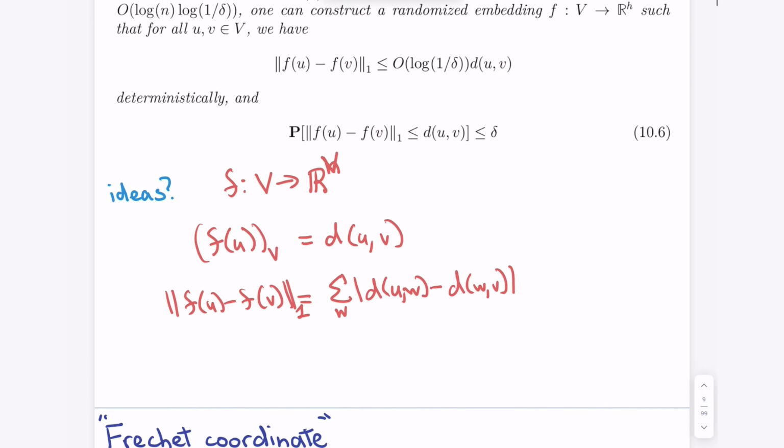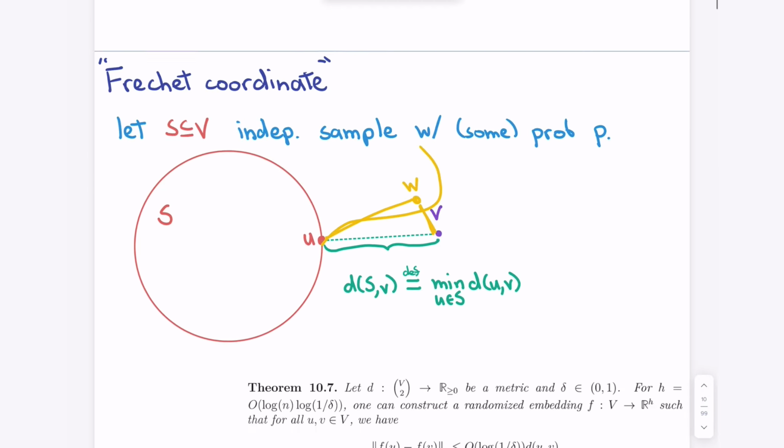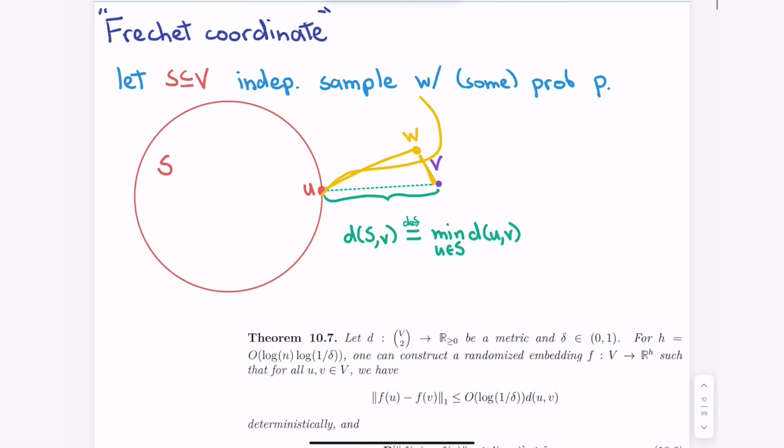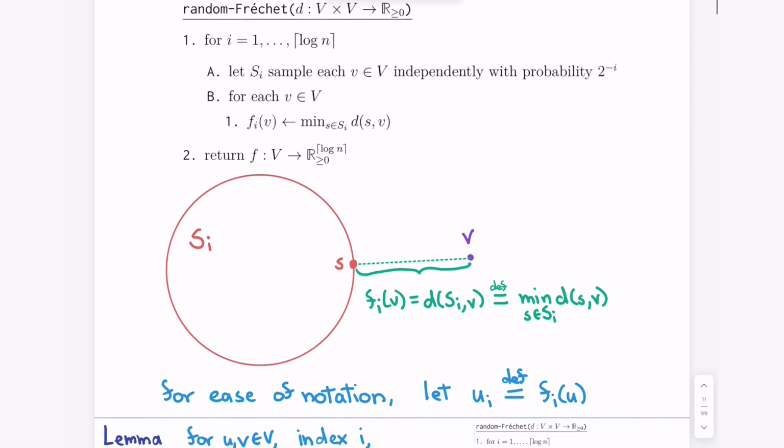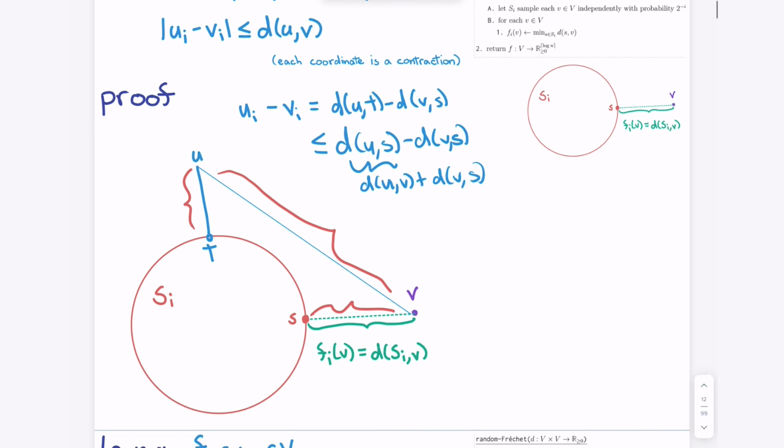The algorithm was very clever, I think much more subtle than, for example, the dimensionality reduction where we just hammered it with Gaussian random variables. We were doing this sampling thing where to generate one coordinate, you sample a set of vertices or points, and then you measure the distance to every other point. At some level, we discussed why that has some intuition.